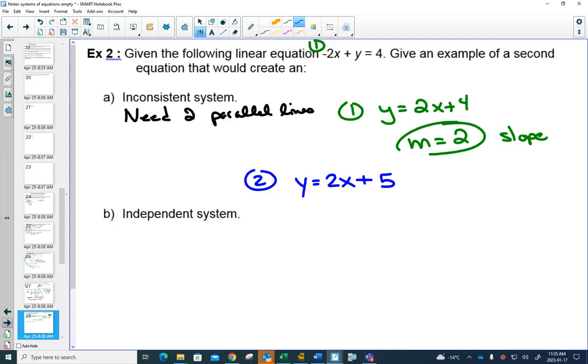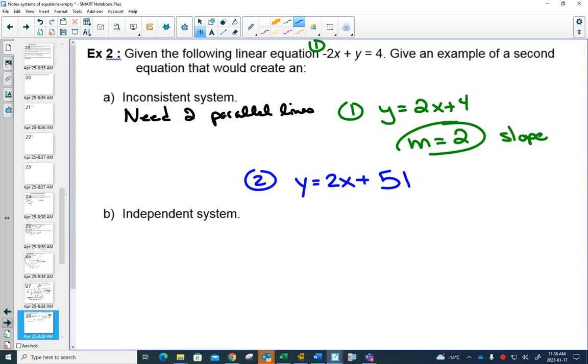We could even put a decimal inside of square root. Oh, you're good. It can be any number other than 4, right?